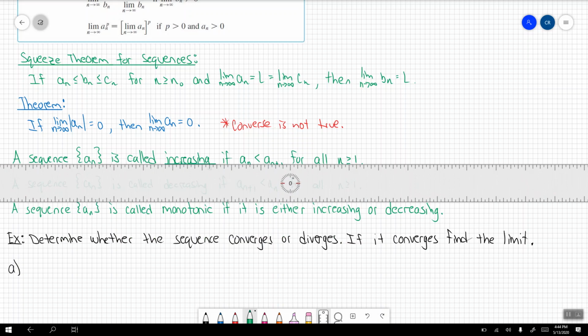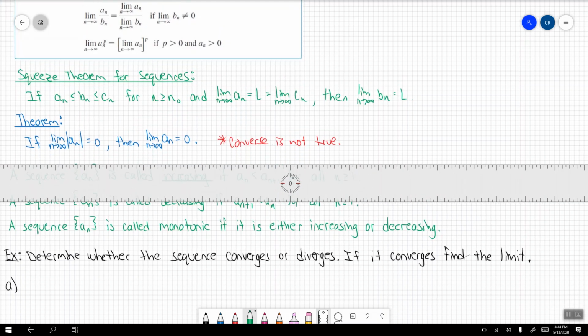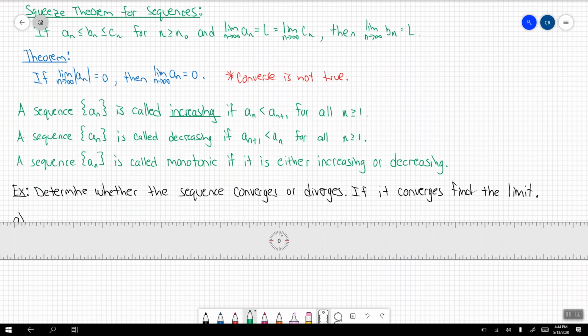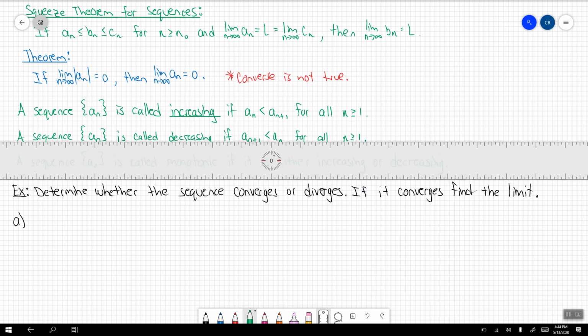So an increasing sequence means that the next term in this sequence is going to be larger than the previous one. Anytime that occurs, we have an increasing sequence. A decreasing sequence, again, is when the following term is going to be smaller than the previous term, then that's going to cause this to be a decreasing series.